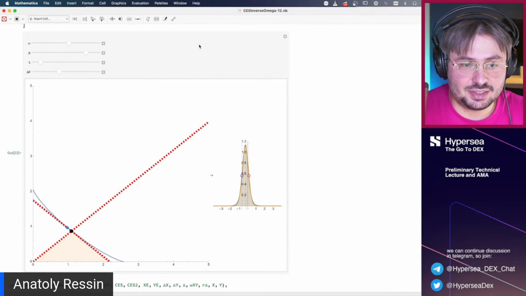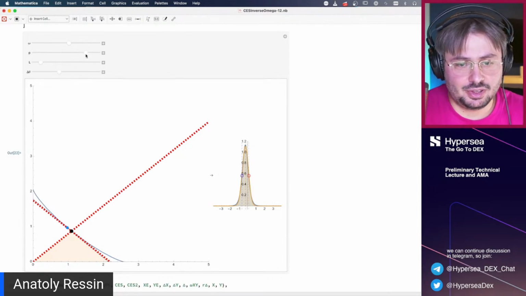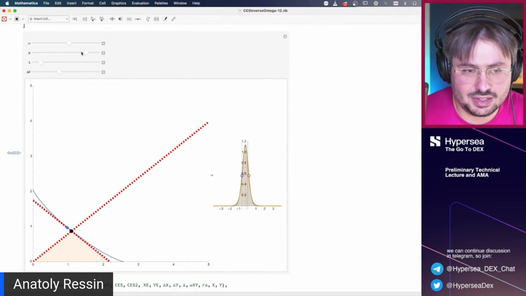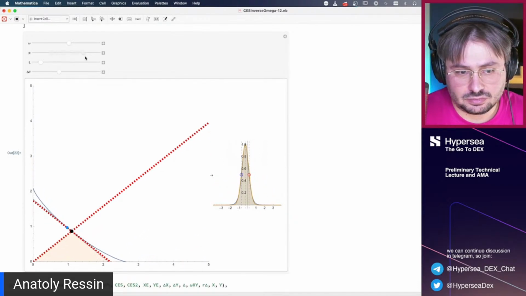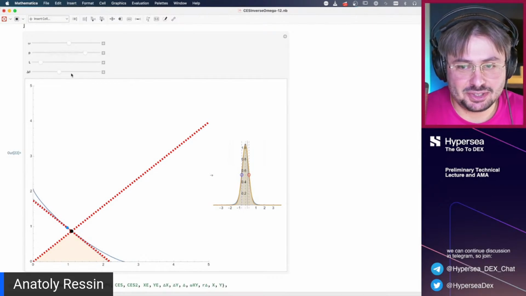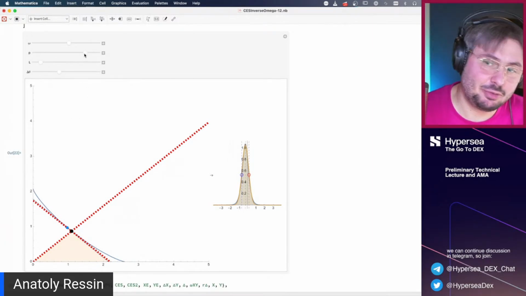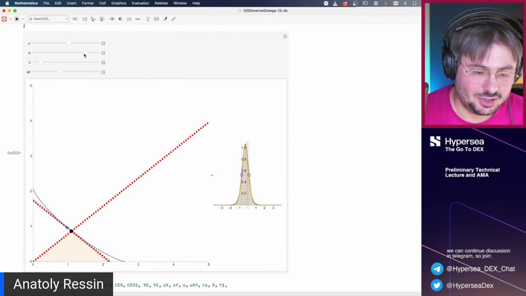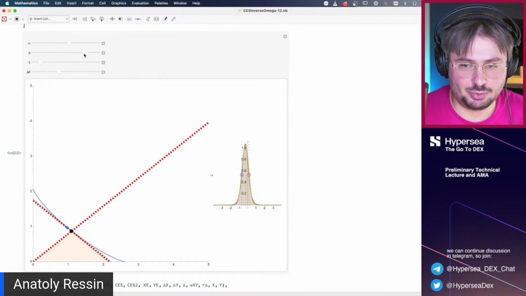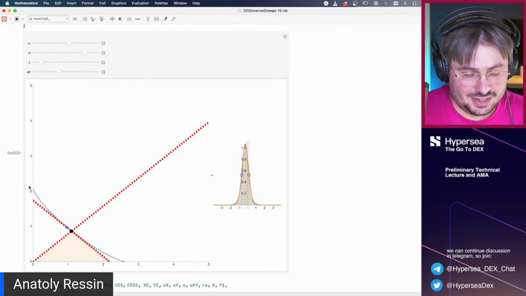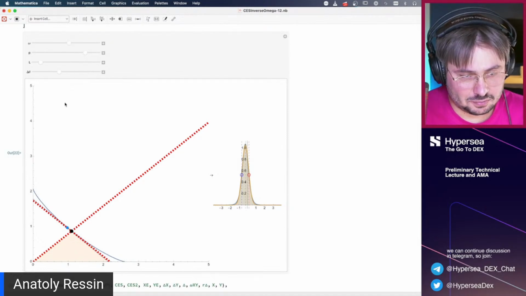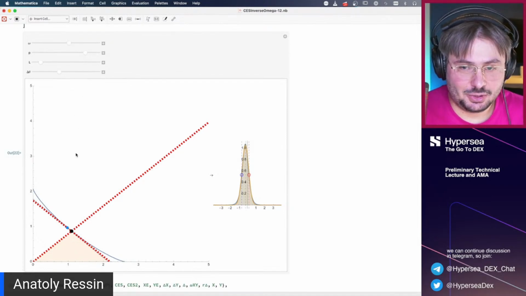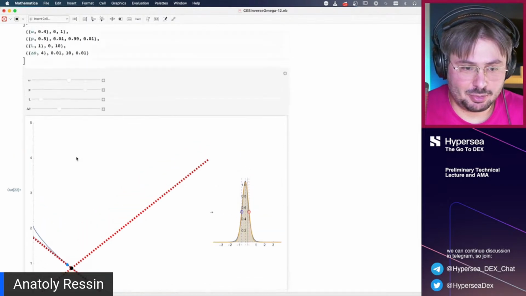And this is the curve that is pretty well known, easily calculable, and has a multidimensional variant. So if we want to implement multi-currency pools, then we can easily use this formula for the multidimensional case.